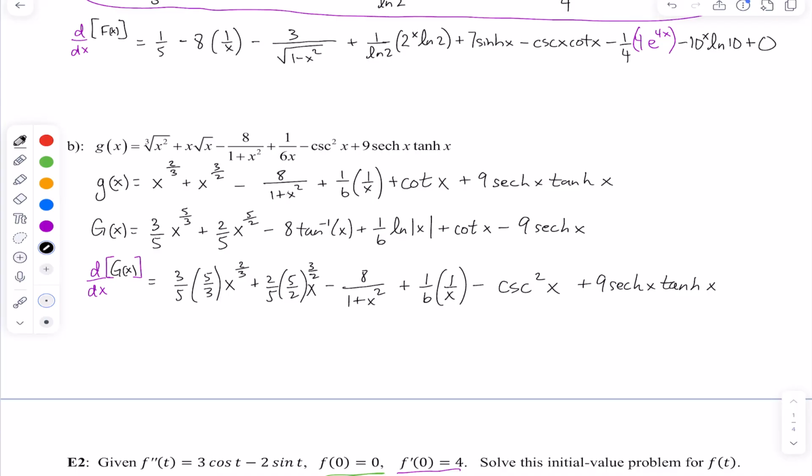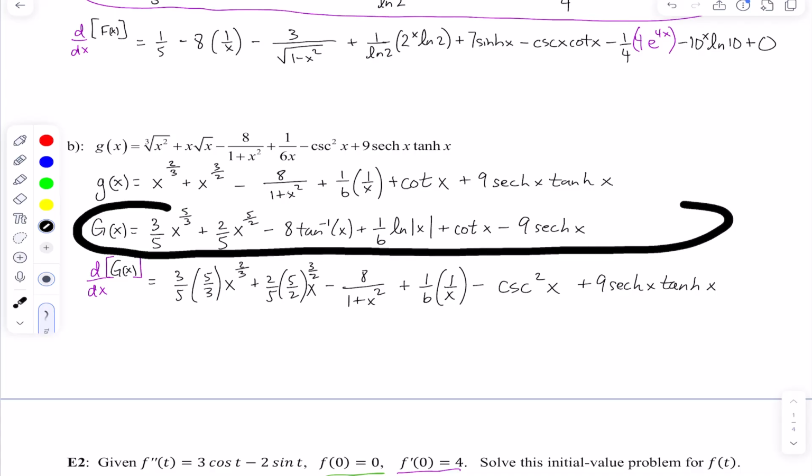And that's much better. All my basic rules of differentiation do match, and that is our family of antiderivatives.